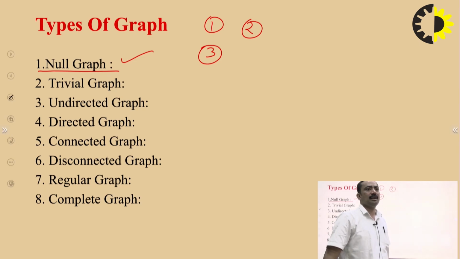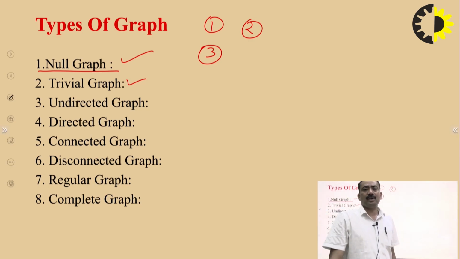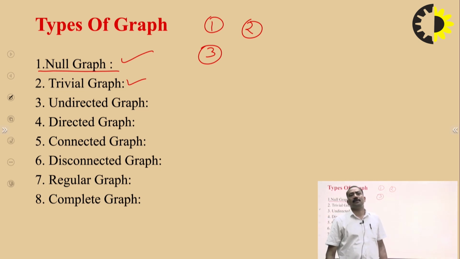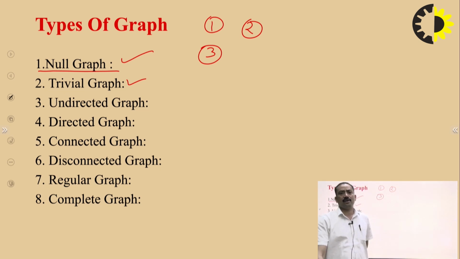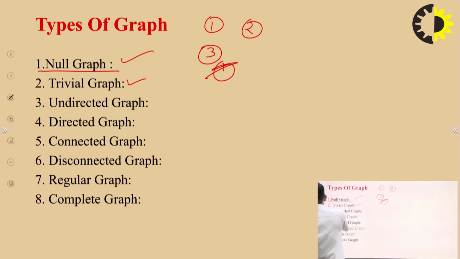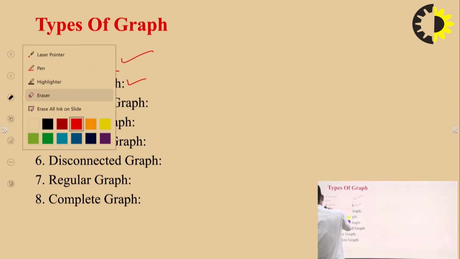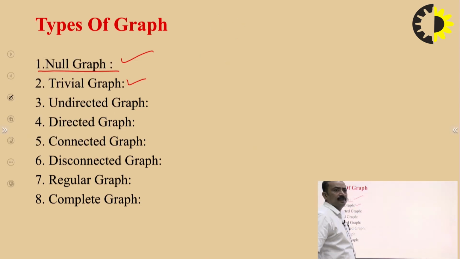Then the second category of graph is the trivial graph. A graph having only a single vertex is also known as the smallest graph possible. This is called a trivial graph.